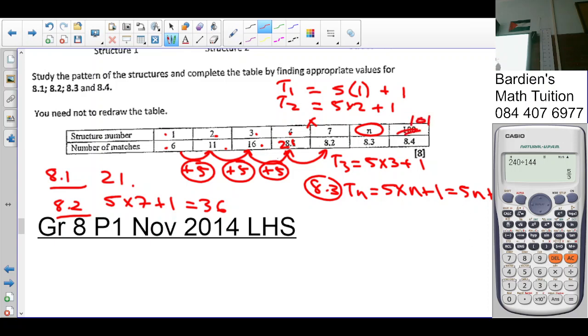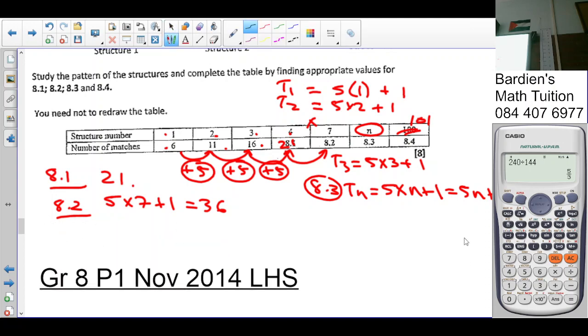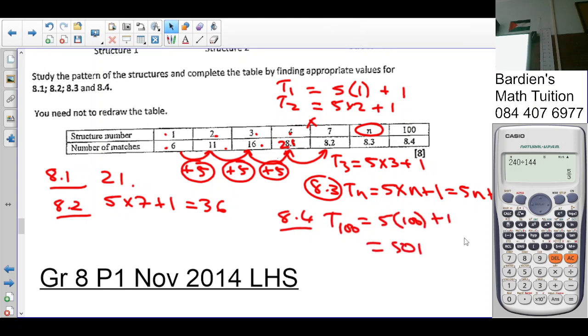I'm not sure, but that's not going to work. So if it is 101, no, it's right. They're working forward. Okay? So for 8.4, that will be term 100, which is equal to 5 times 100 plus 1. So it's 501. Okay?